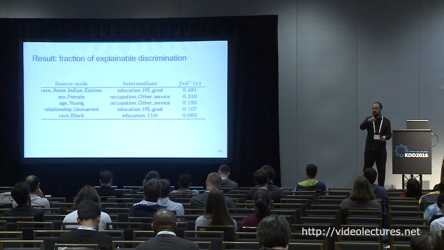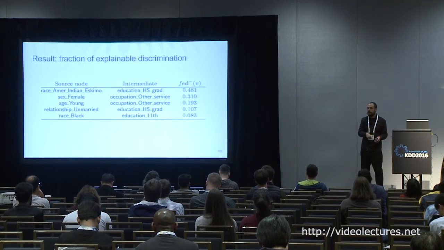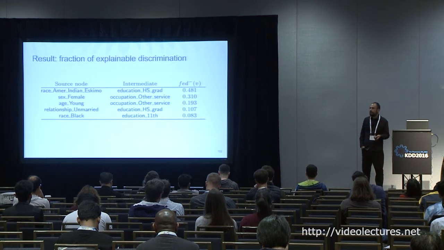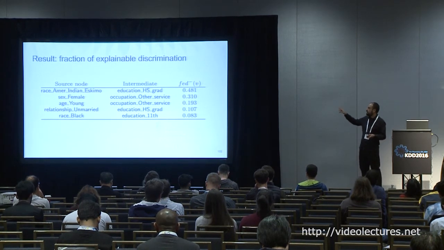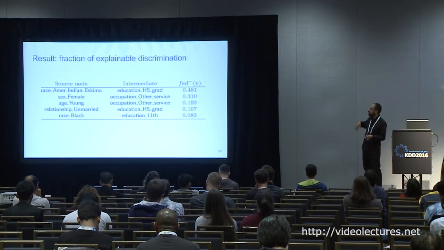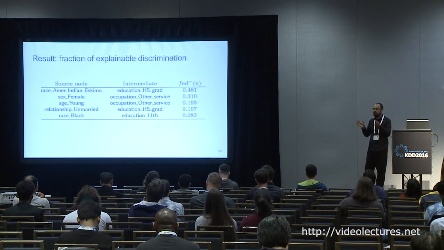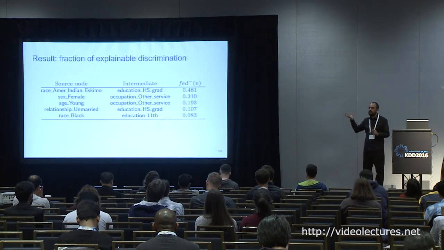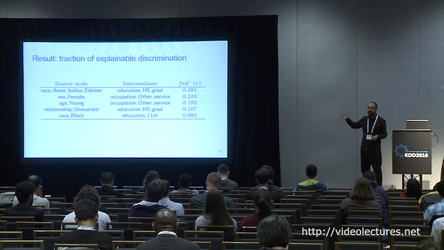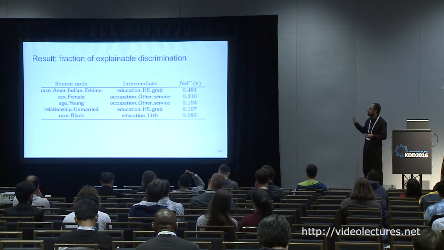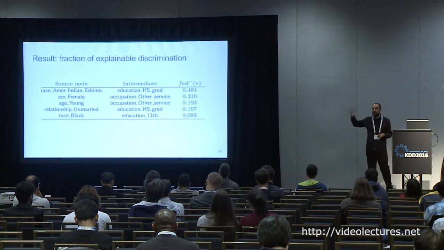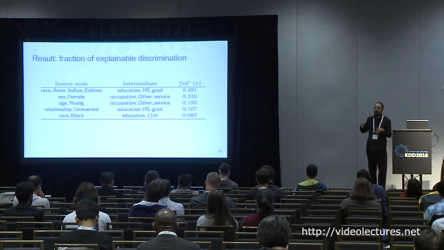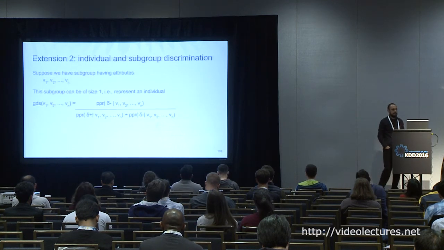You're explaining that part of this discrimination against this group is because they don't have a high school diploma. Part of the discrimination of why female have a low salary is because they have an occupation which is in this category called other services, a category of jobs that don't pay well. And this is the explanation of why. The same for young people. They end up in this category of jobs that don't pay well. And this explains part, in this case, you can even quantify some part of the low income.